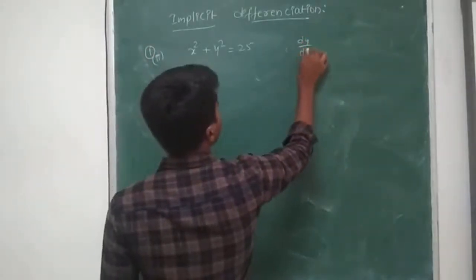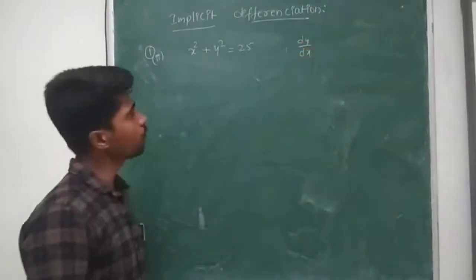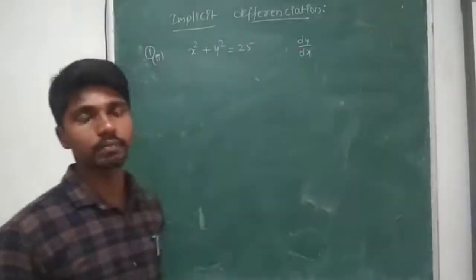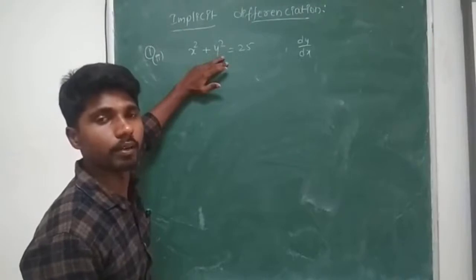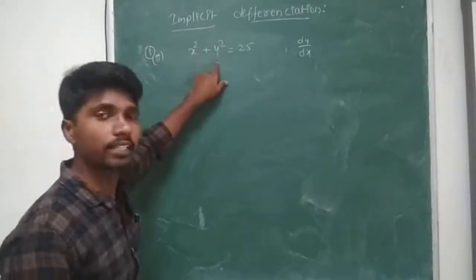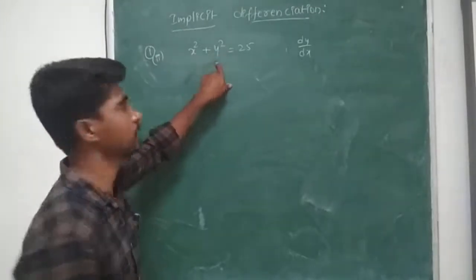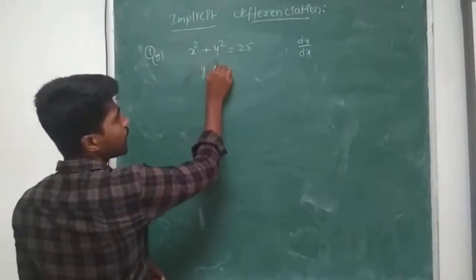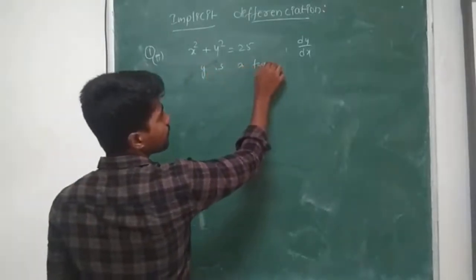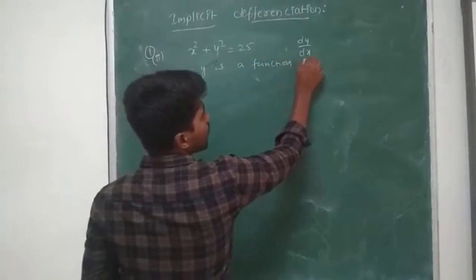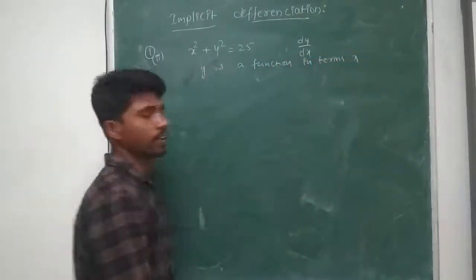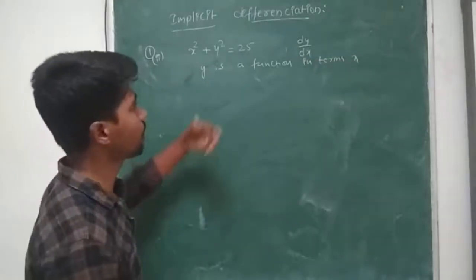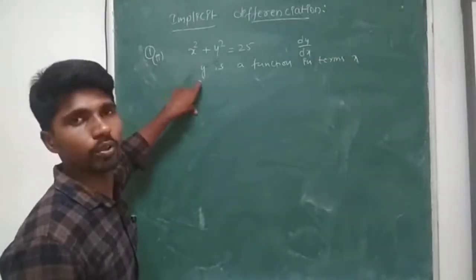To find dy by dx, what we have to consider? The given function is given in terms of x. Let y be a function in terms of x. Then we can find the derivative of y with respect to x.